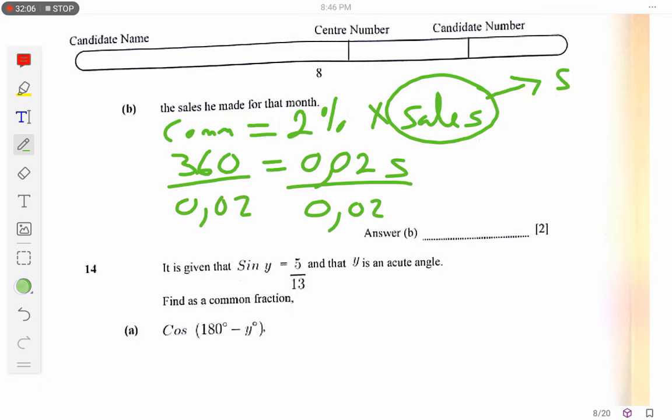So my S value becomes 18,000. I'm getting 18,000 if I divide. So those are the sales that he made. Let's move on to the next question.